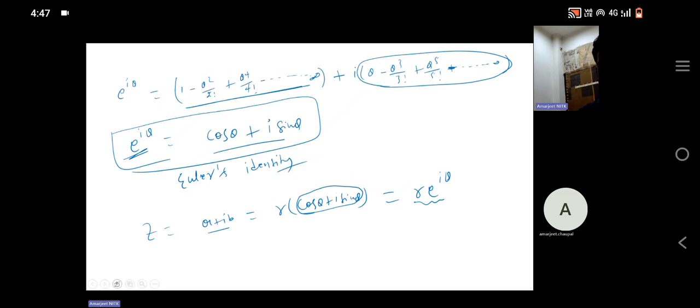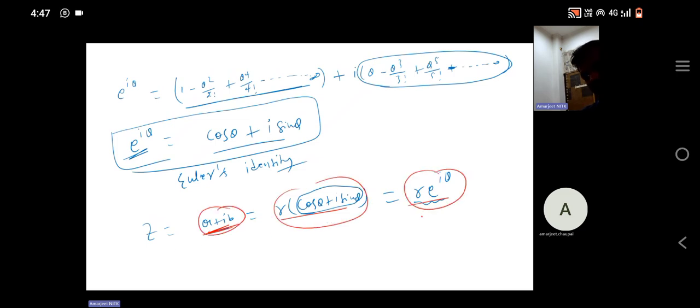So these three expressions are the same. This and this both are the same complex number. This is the general form, this is the polar form, and this is the Euler form of a complex number. Here r is what? You know, the modulus, the distance between the origin and the point, and theta is the argument of the complex number.